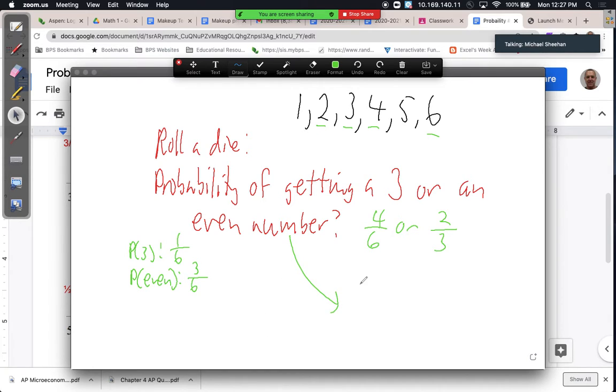So my probability of getting a 3 or an even number, I could have added these two fractions. I could have just counted them like I did up here. There's 1, 2, 3, 4 things I'm looking for. Or I can say I've got a 1 in 6 chance of getting a 3, a 3 in 6 chance of getting an even number. So that gives me a 4 out of 6 chance of getting a 3 or an even number.